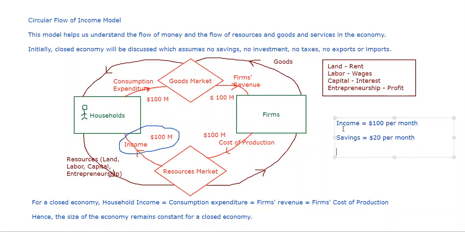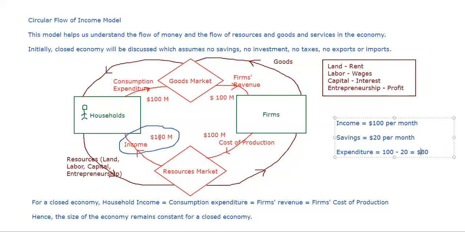In that case, how much will that person spend? It will be 100 minus 20, which is 80, right? So you can see that if people keep on saving money, it will keep on decreasing the size of the circular flow.